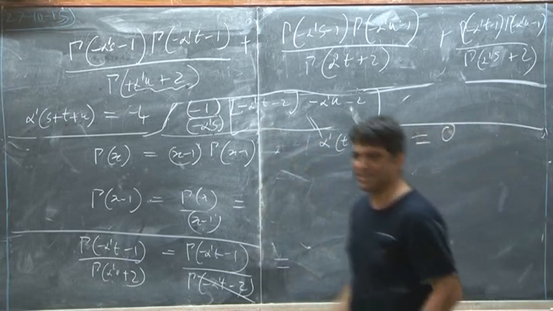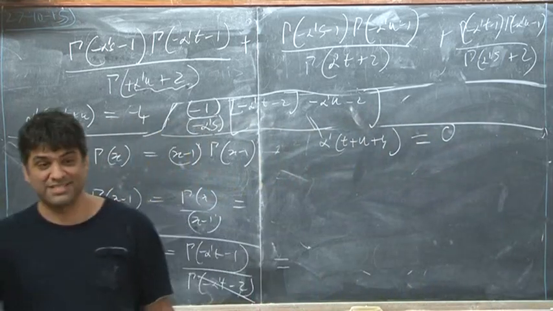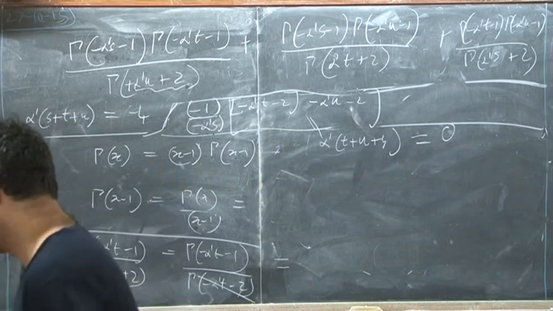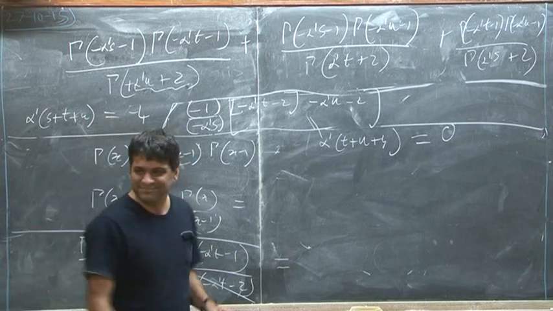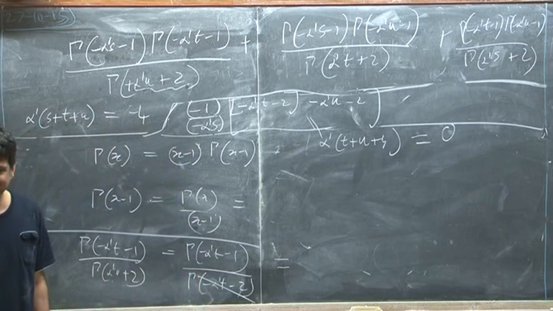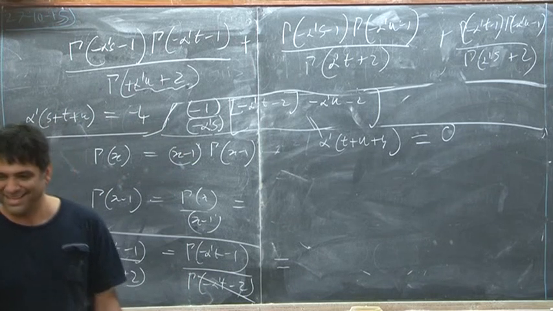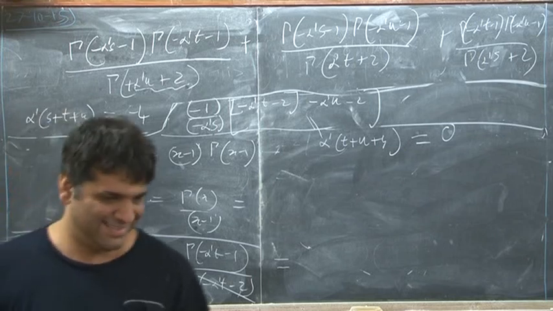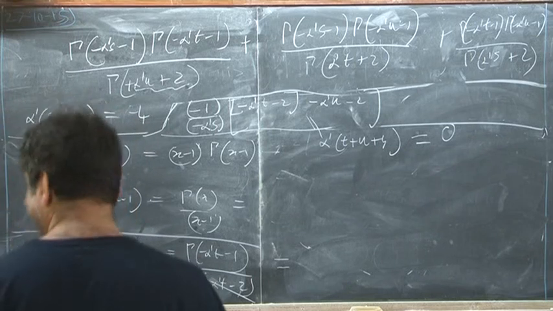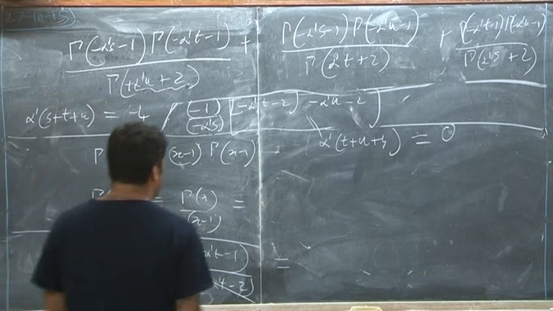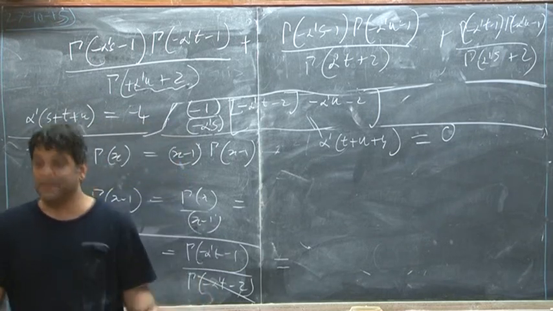This is 0 because our pole is at s equals 0. So it's just one. Exactly. We just don't have a pole at s equal to 0. And as we said, we did not expect a pole at s equals 0.